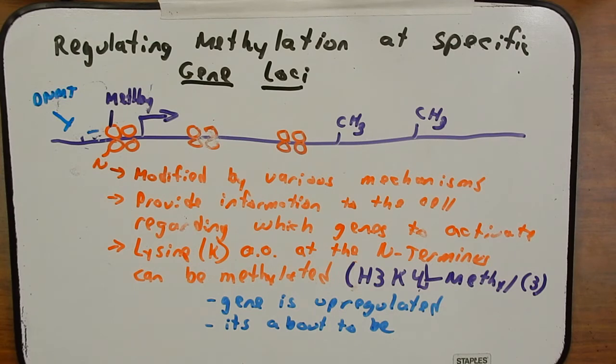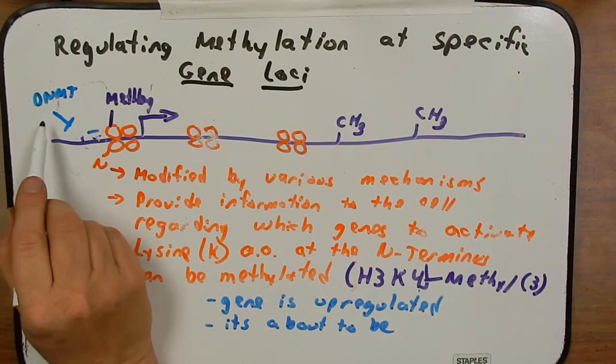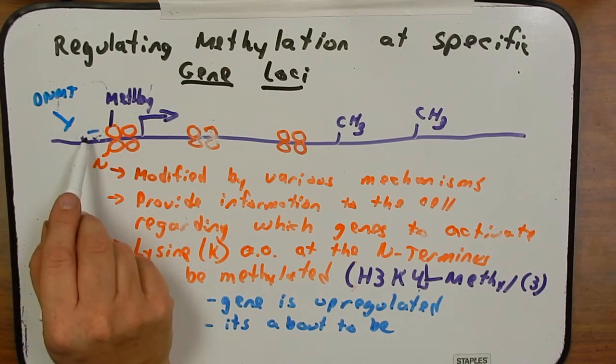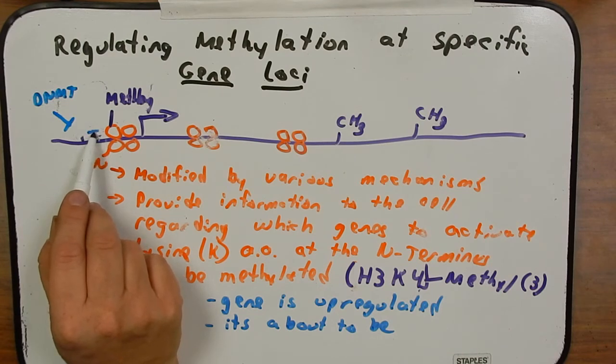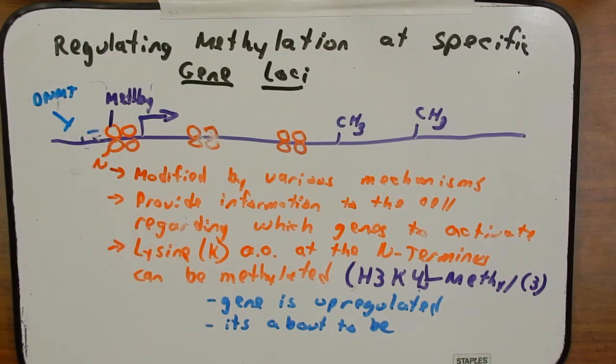So the next question that may pop into your mind is how? How does DNMT know that it cannot bind here? Or what is actually preventing DNMT from binding here to methylate that DNA? And we're going to bring back an old friend we haven't talked about for a while, and that is DNMT3L. Remember, that's the regulator of DNMT.